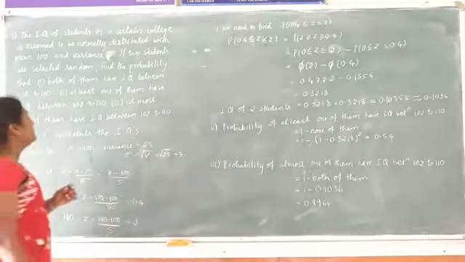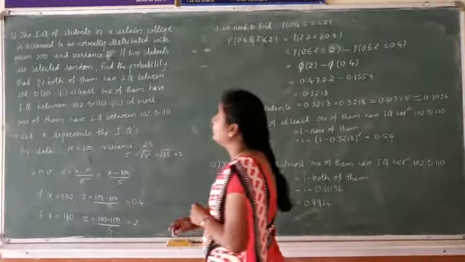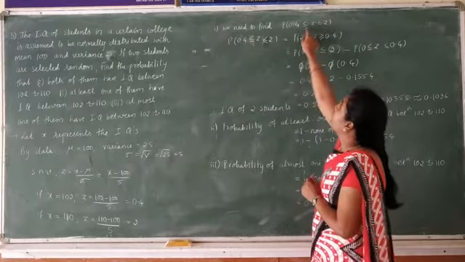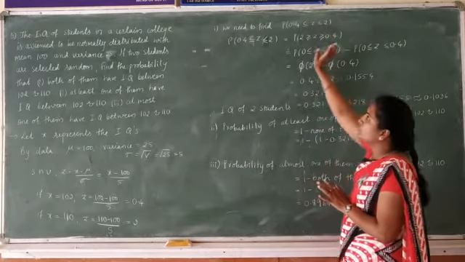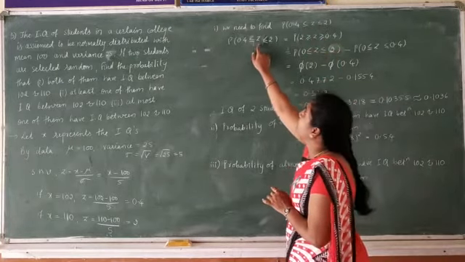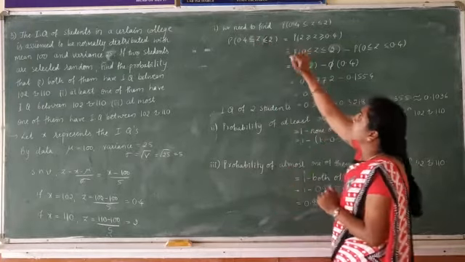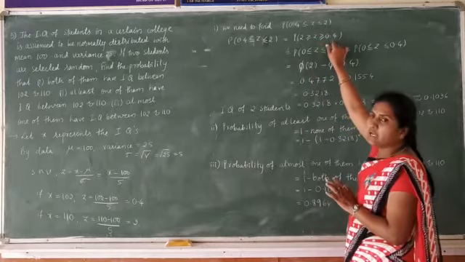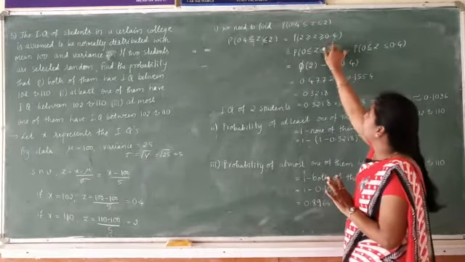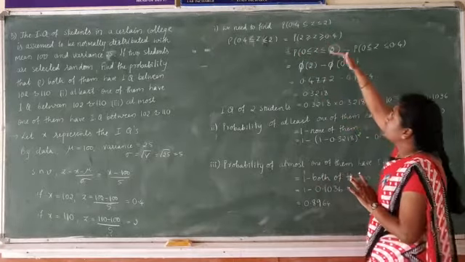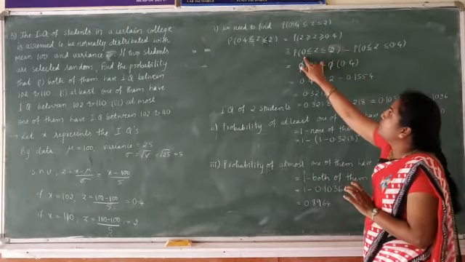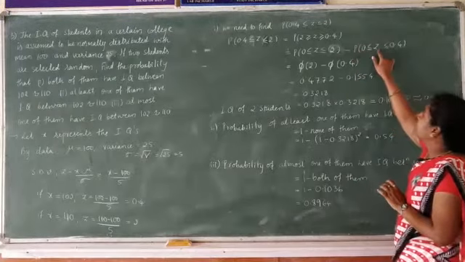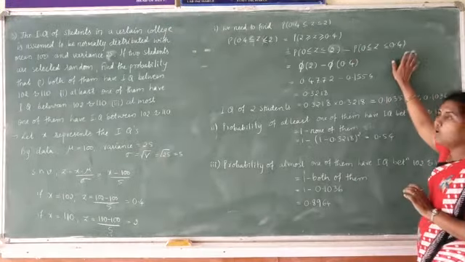Okay. First one, both of them have IQ between 102 and 110. We need to find the probability of 0.4 less than or equal to z less than or equal to 2. For our calculations, this we can split as P of 0 less than or equal to z less than or equal to 2 minus P of 0 less than or equal to z less than or equal to 0.4.